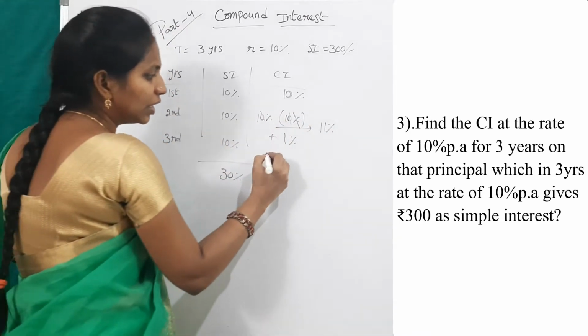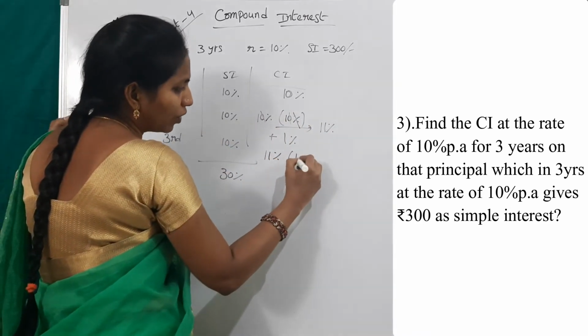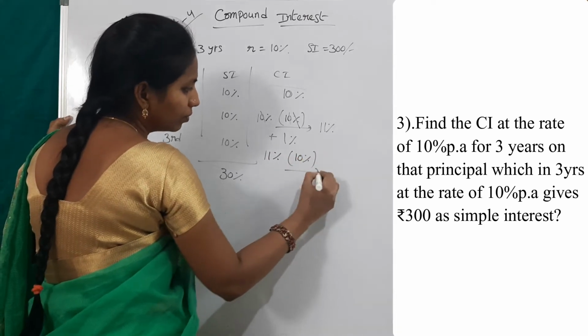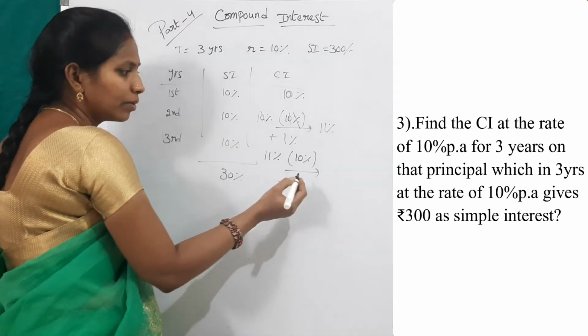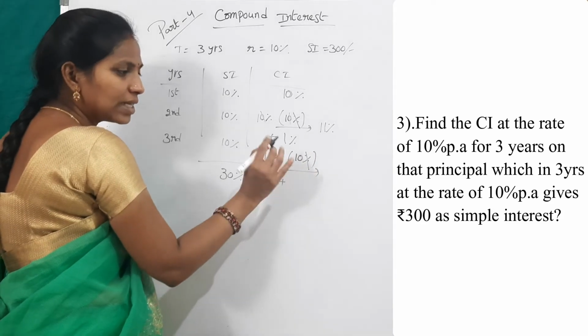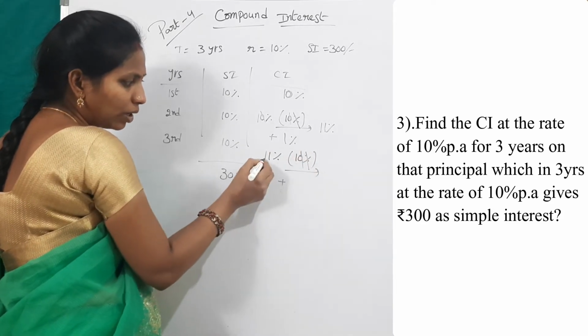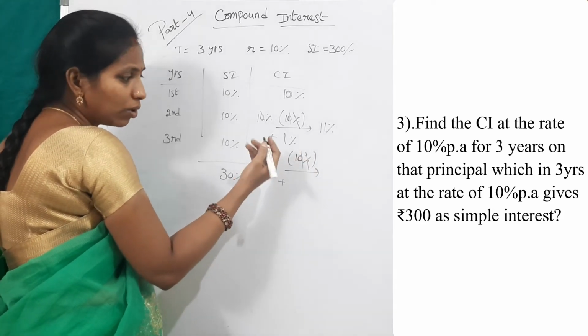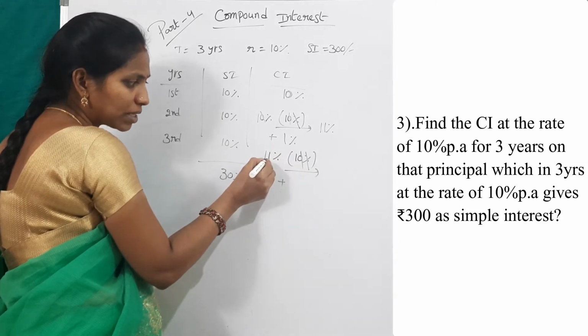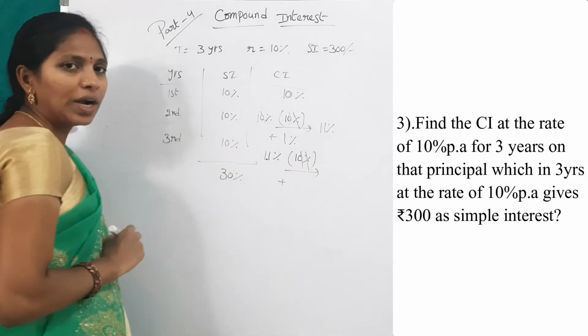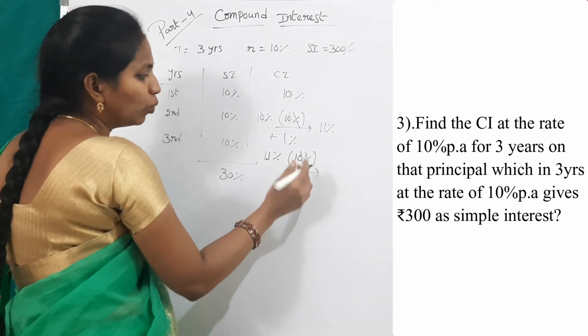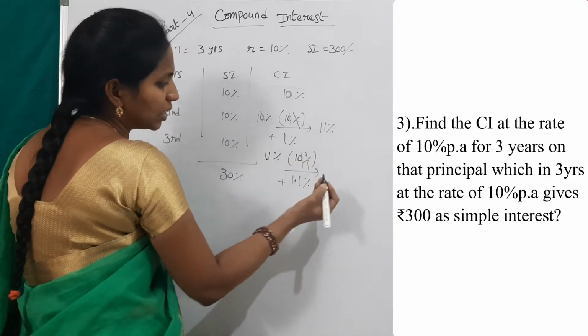Now calculate for third year. 11% of 10%. Now cancel this percent symbol, 0. We want one more 0, but there is no 0. That's why place dot after one digit. 1.1 into 1, that is 1.1%.